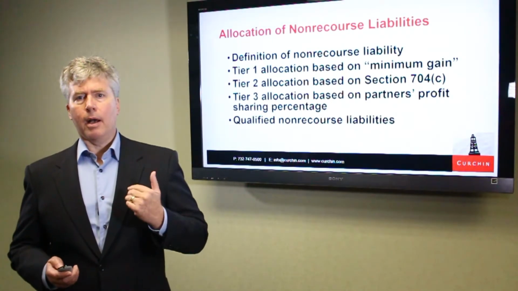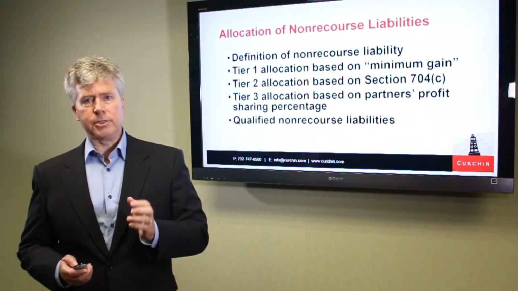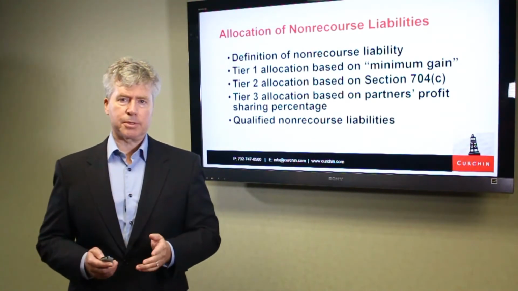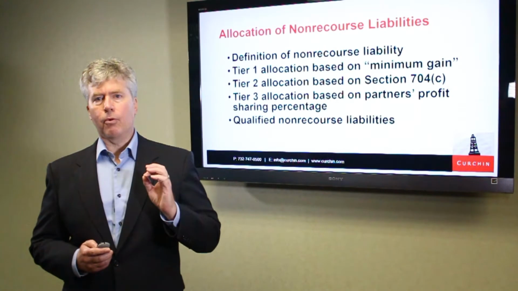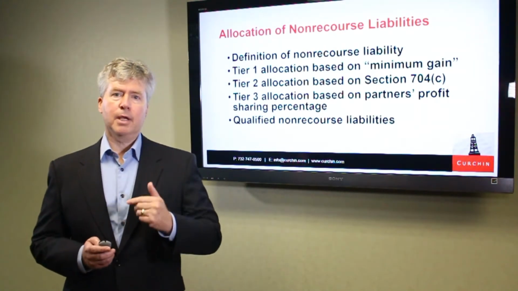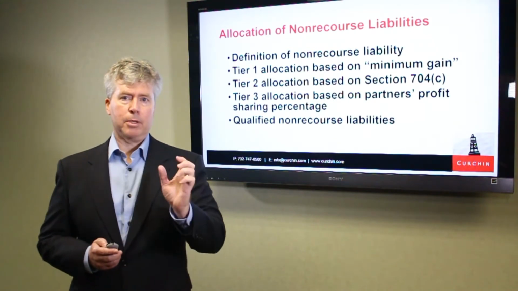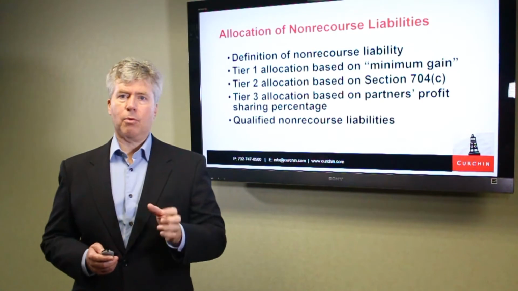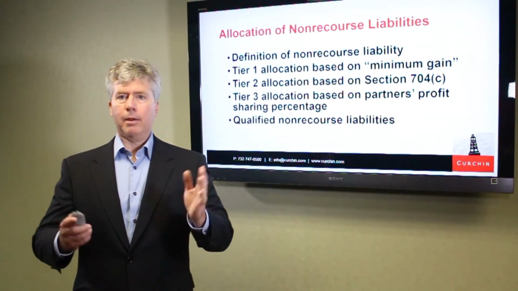So with non-recourse liabilities, and in the tax code, there's always nuances, there's always exceptions. There's an exception for real estate ventures, and it's called qualified non-recourse indebtedness. If you look at the K-1 document, you're going to see recourse liabilities, non-recourse liabilities, and qualified non-recourse liabilities. Ed, what's the distinction?